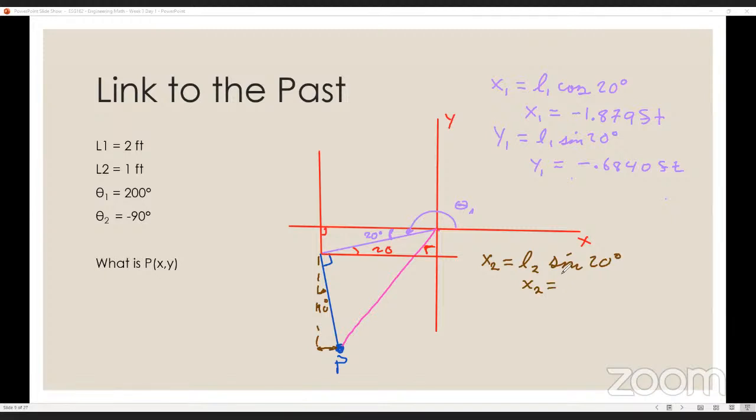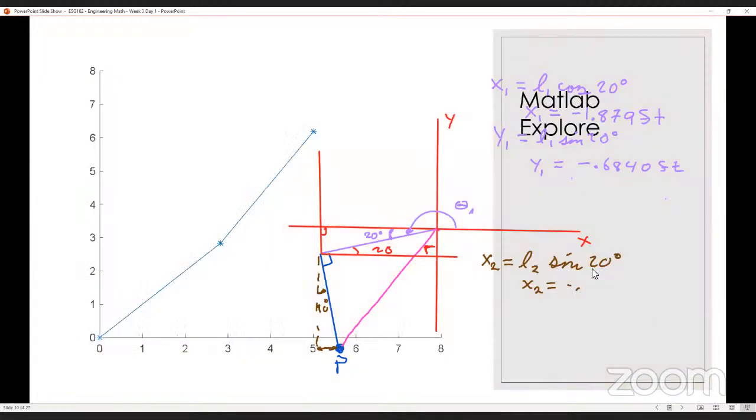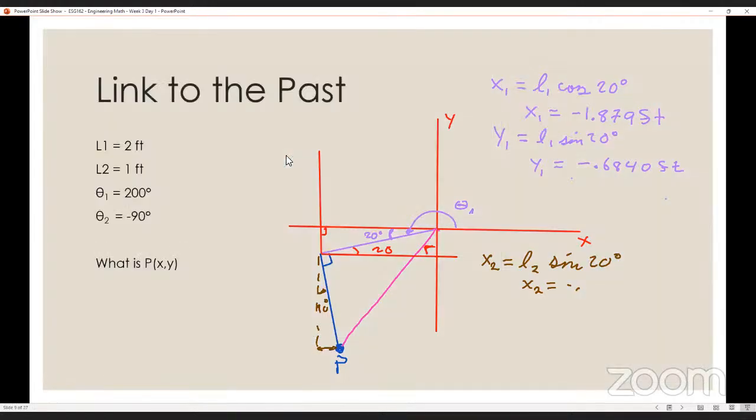And x2 is going to be negative 0.3420. So very small.